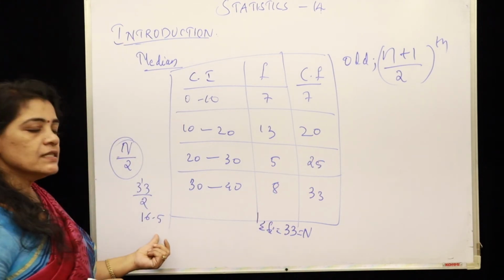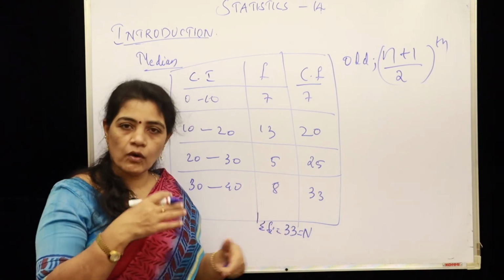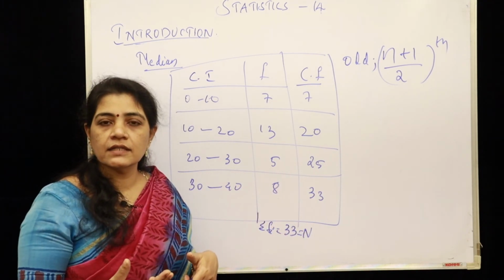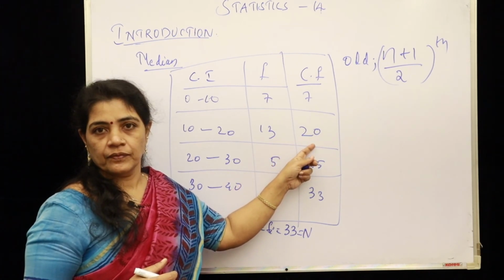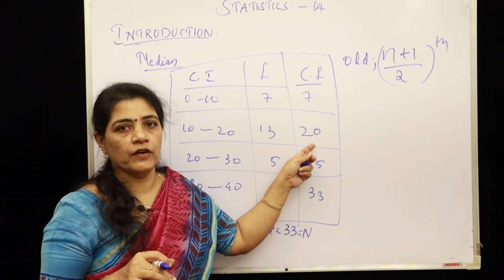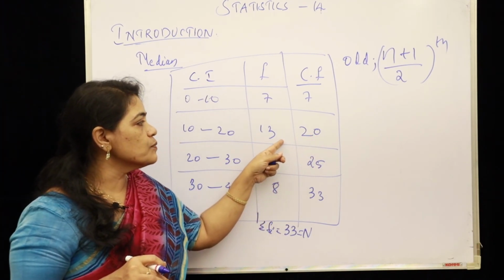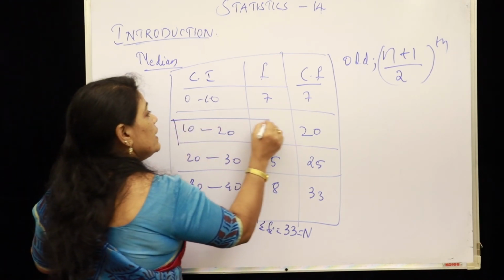N by 2 we have seen is 16.5. Both 25 and 33 are greater than 16.5, but just greater than means 20. Okay, 20 is very close to N by 2, that is 16.5. And its corresponding class interval is the median class.